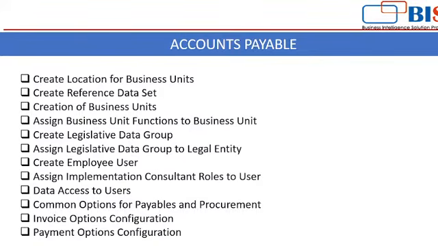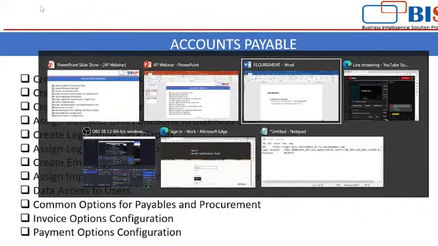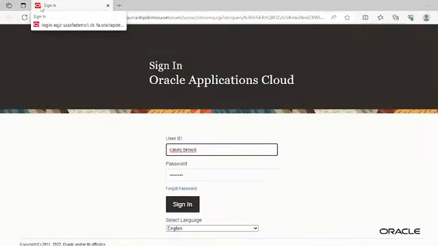Now we will directly move to our application and we will start creating the location for business unit in the application. So in the application, we are logging in with one of the existing users, that is Casey Brown.